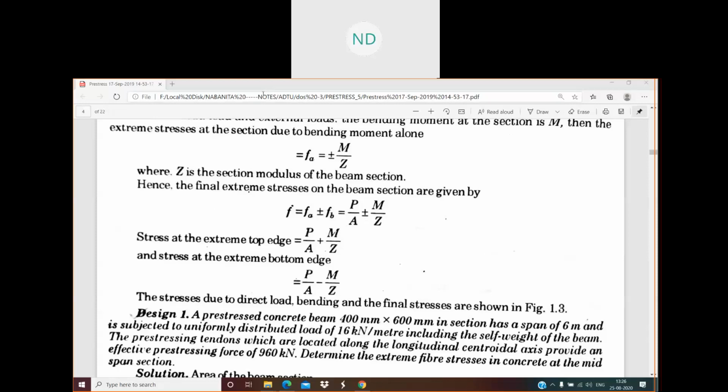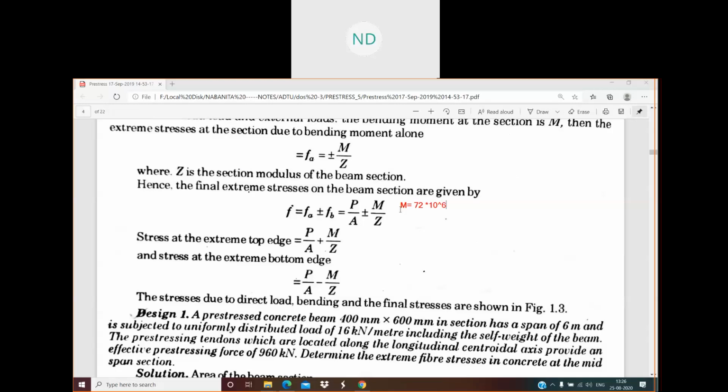Moment we already got, right? Take our M. Moment was how much? 72 kilonewton meter. So that means 72 into 10 to the power 6, yes or no?